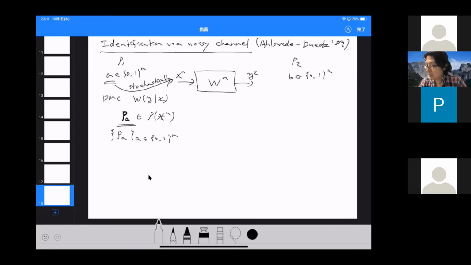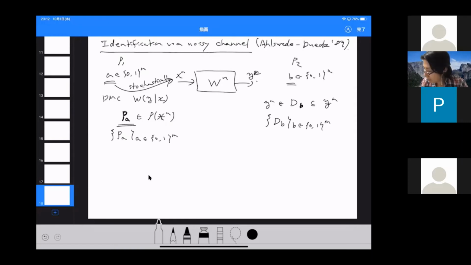On the other hand, when P2 receives signal yn, and when his input is B, P2 outputs 1 if yn is included in some decoding region, D of B, which is a subset of the output alphabet. So the decoding scheme can be described by a set of decoding regions.